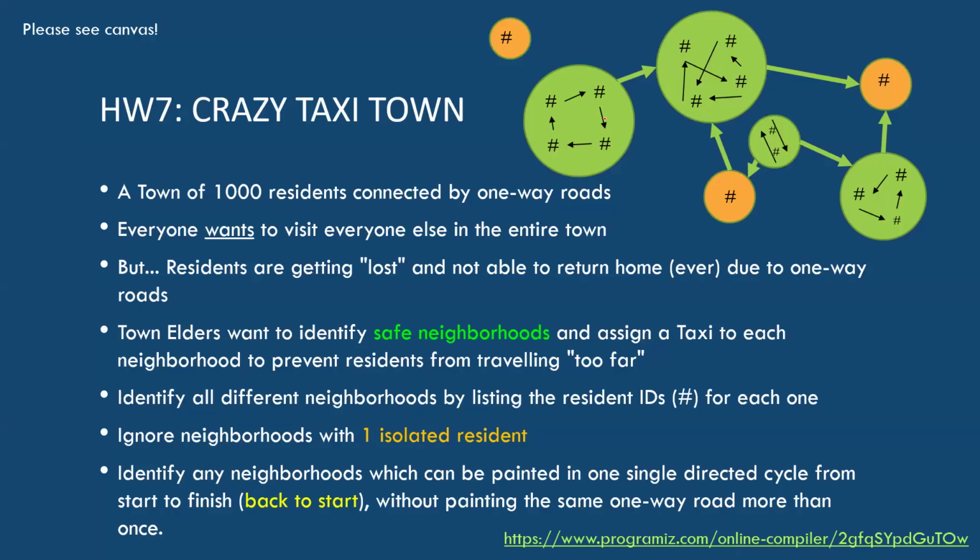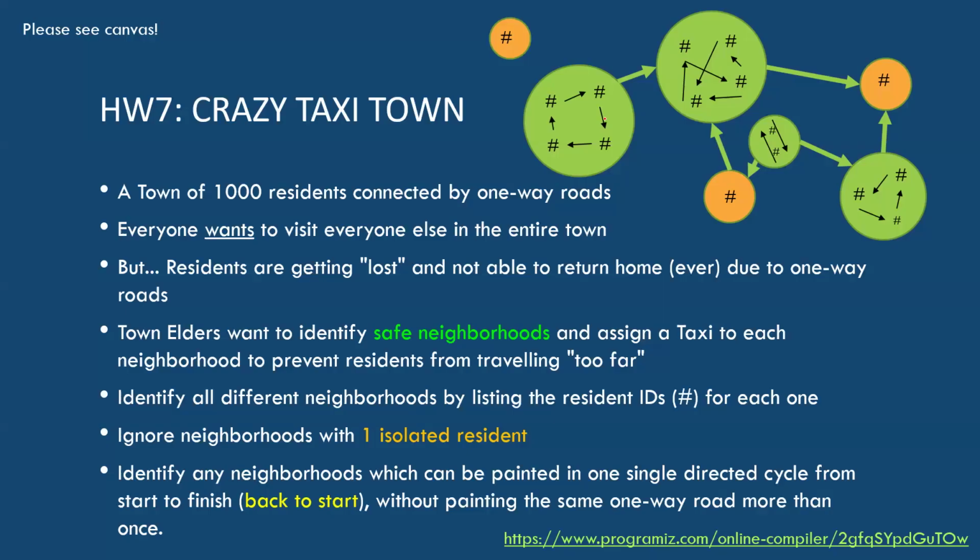So if you remember, we briefly mentioned that if you can find a path or a cycle that loops around and touches every single edge, that's an Euler cycle. So we want to know, can we paint all the roads with our painting truck without ever retracing any of the roads and end up back where we started from? Okay, so which neighborhoods have an Euler cycle? That's the question that we also want to answer with this particular problem.